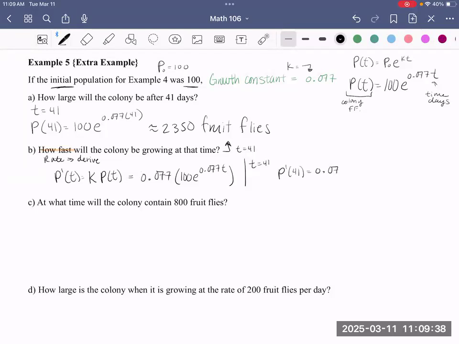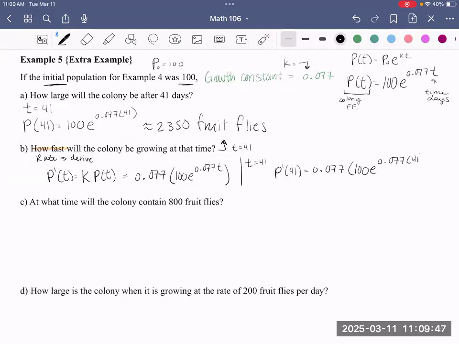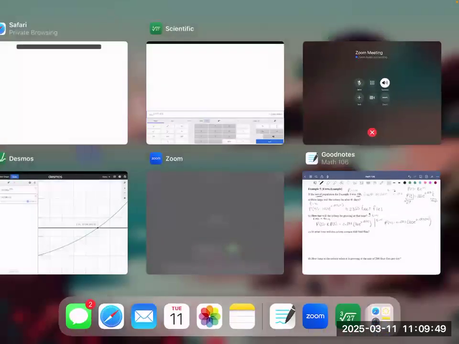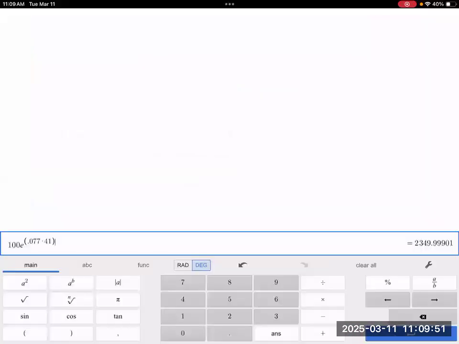And again, I'm not even going to bother simplifying because that is not our goal. It's just asking us for how fast it is growing. So you'll notice that I have the initial part here, and all I need to do is multiply this value by 0.077. That is your rate.